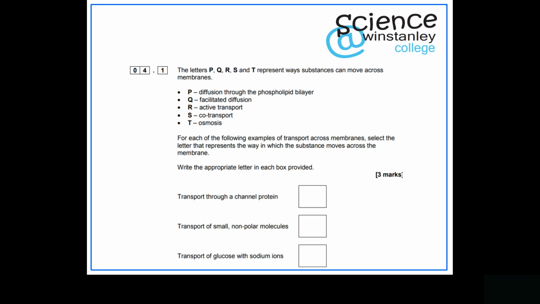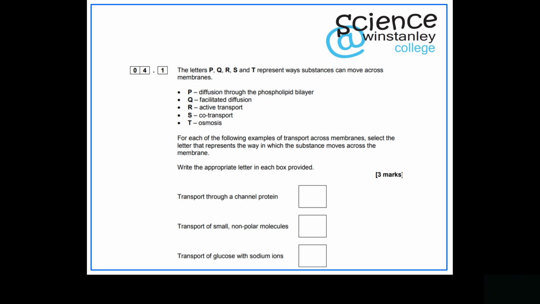So what I would do, I would think, right, diffusion. Simple diffusion is the movement of a non-polar molecule from a higher to a lower concentration. Facilitated diffusion is the movement of a polar molecule from a higher to a lower concentration, and it has to go through some kind of protein, so like a channel protein or a carrier protein.